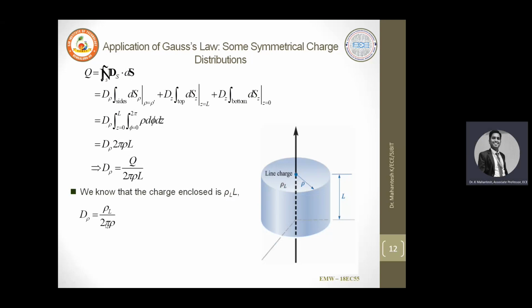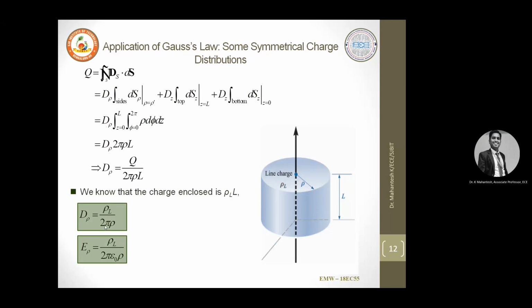Therefore, D rho is equal to rho L by 2 pi rho. Since we know the relationship between the flux density and the electric field intensity, E is equal to D rho divided by epsilon naught. Therefore, the electric field intensity of an infinite line charge will be equal to rho L over 2 pi epsilon naught rho.